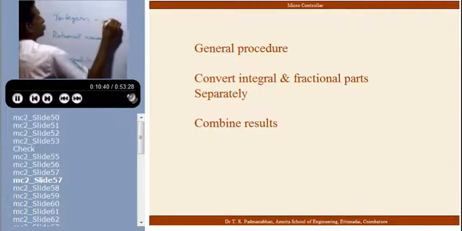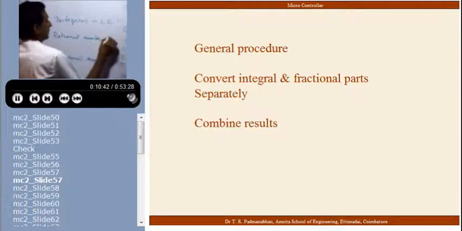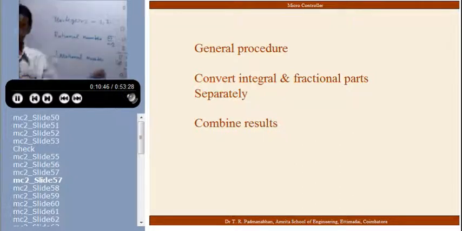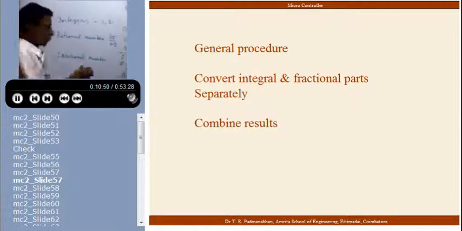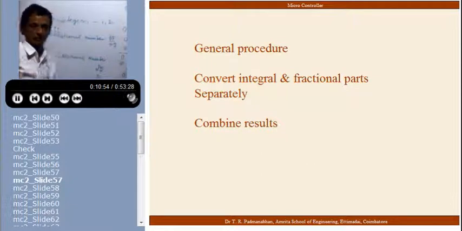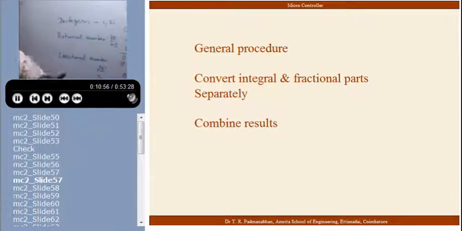Integer means 1, 2, 3, etc. Here 35 by 42: any number which can be put as a ratio of two integers is a rational number. On the other side, square root of 2 is an irrational number. Pi is an irrational number. In the decimal number system, these are irrational numbers.